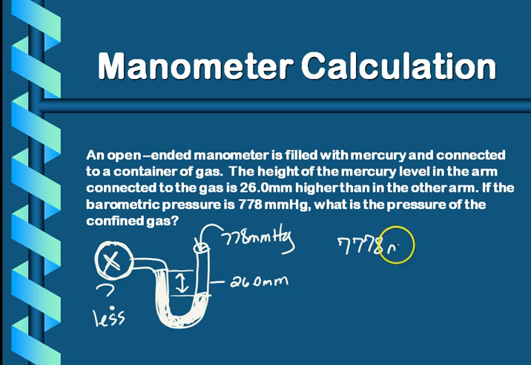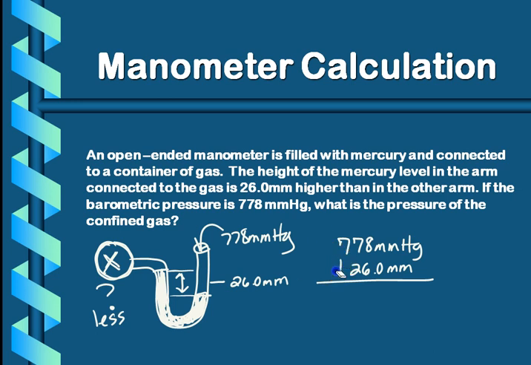778 millimeters of mercury is the atmospheric pressure. And then I'm going to add the difference, which is 26 millimeters. And so my pressure for my confined gas then, oops, I don't add, do I?